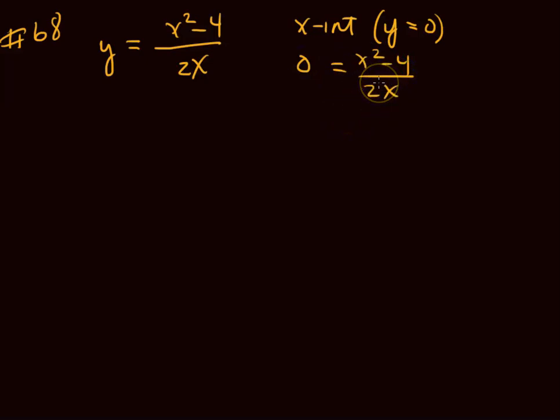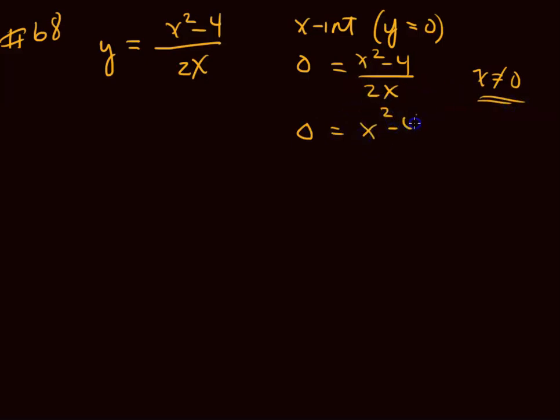Now, you can multiply both sides by 2x and you get a 0 here, but you have to be careful because this denominator is in the original, and you know that x cannot be 0, because that would be here. So you just need to make that note when you multiply by the 2x.